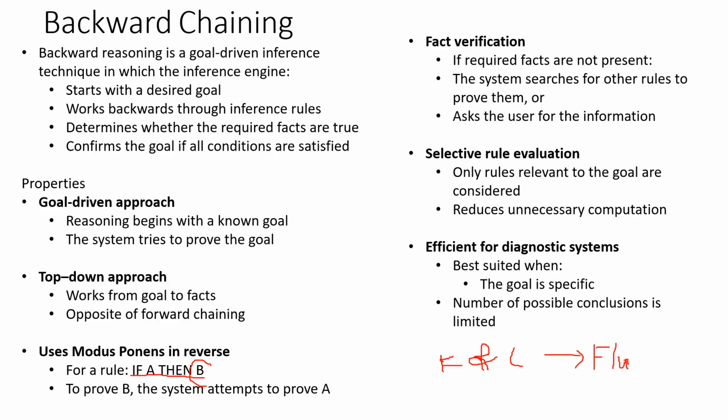Forward chaining is data driven and bottom up, while backward chaining is goal driven and top down. Backward chaining starts with the answer and checks whether it is true. Forward chaining starts with the facts and moves towards a goal, and backward reasoning starts with the goal and moves towards the facts.